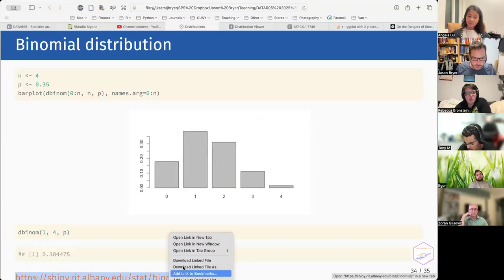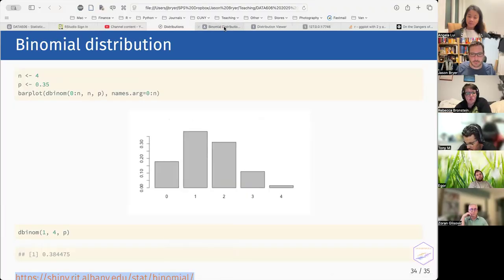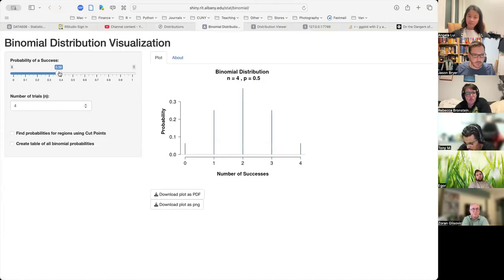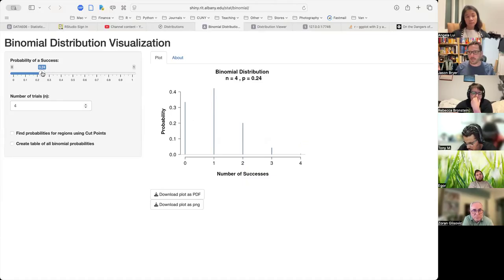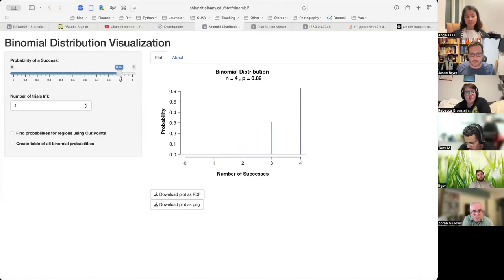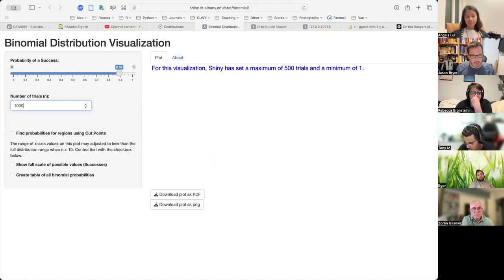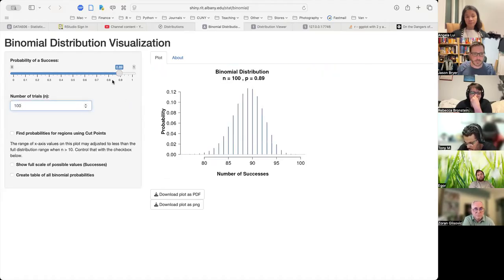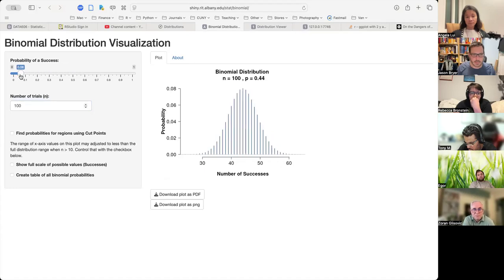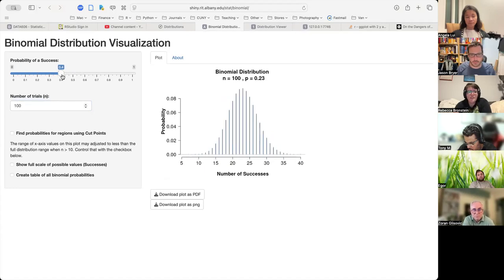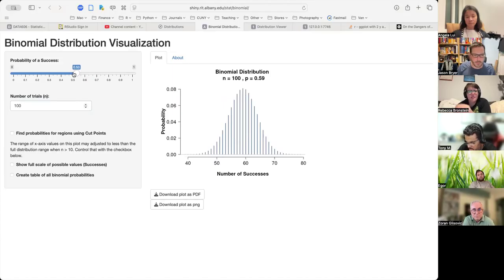This is another Shiny app written by my colleague. You can see the binomial distribution is not symmetrical at all. As the probability gets smaller, it's going to skew to the left. As the probability gets higher, it's going to skew to the right. Let's make this like 100, though that might be too much. You can see it will skew as we move away from 0.5, but at 0.5 it is fairly symmetrical.